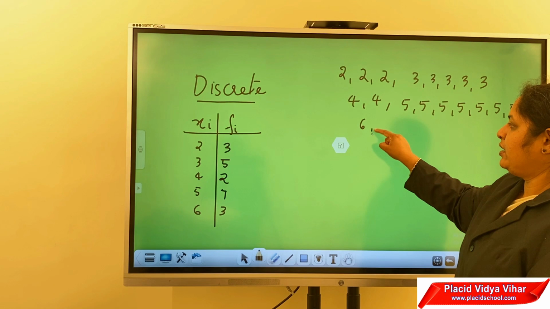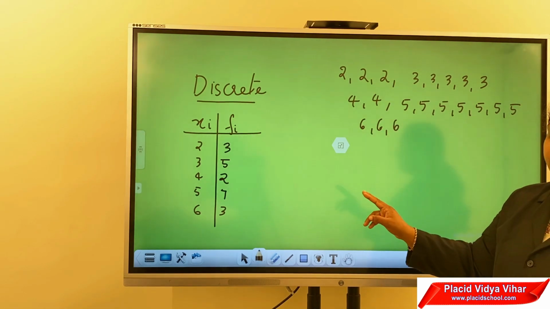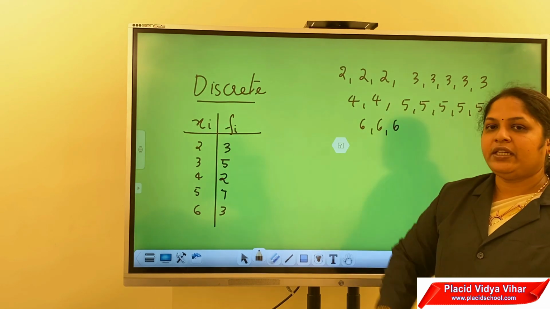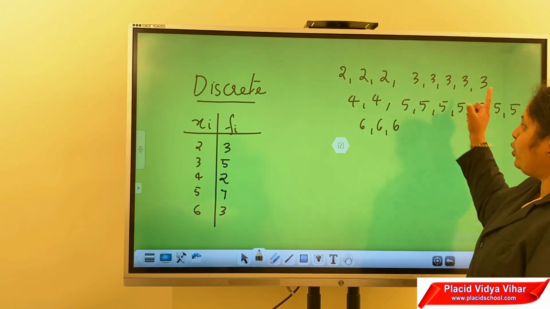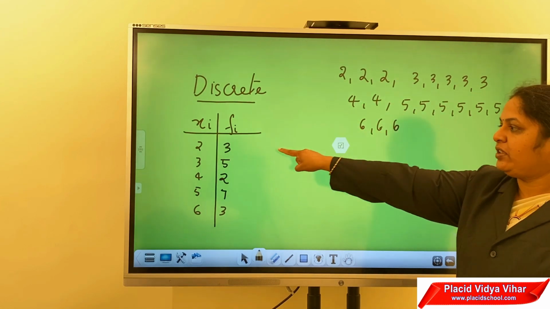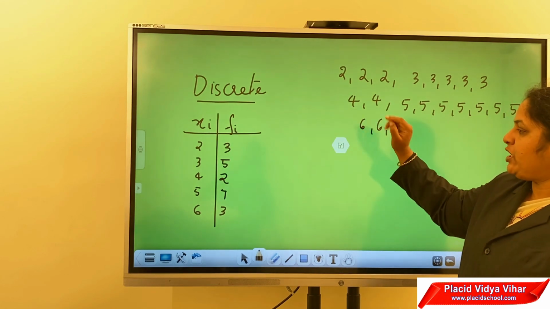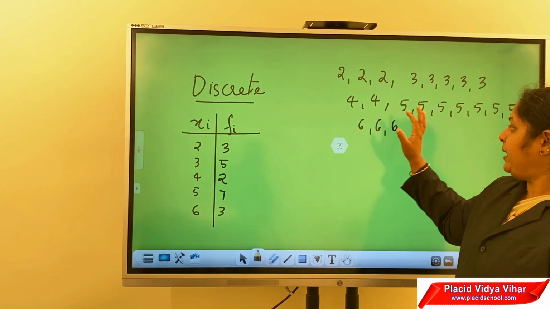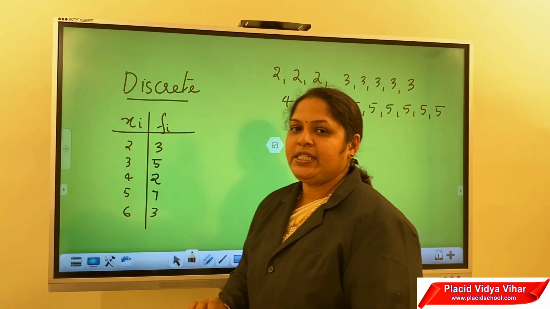6 occurs 3 times. This is the data represented here in this table. That means when we write it in ungrouped form, 2 is repeated 3 times, 3 is repeated 5 times, 4 is repeated 2 times, 5 is repeated 7 times, and 6 is repeated 3 times.